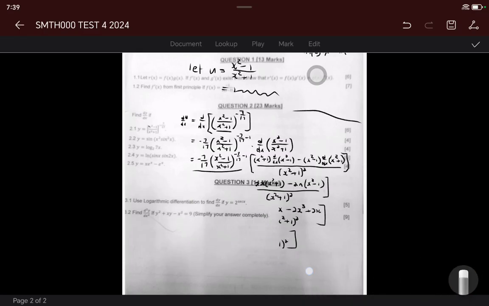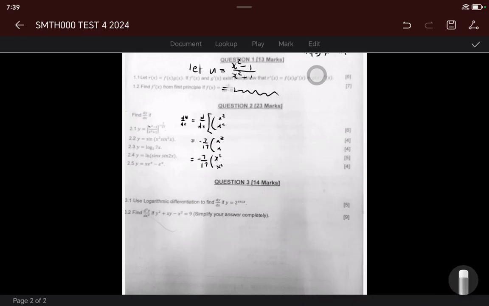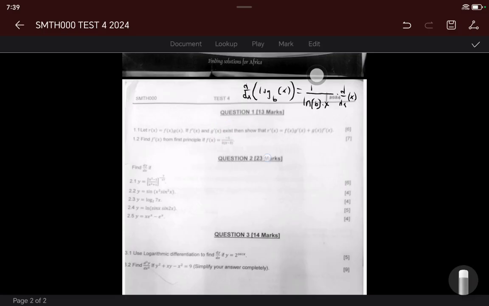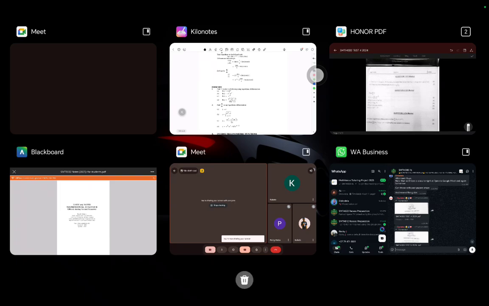So since now we know how to do these questions, I think we can now go back to the tutorial and look at some of the questions.